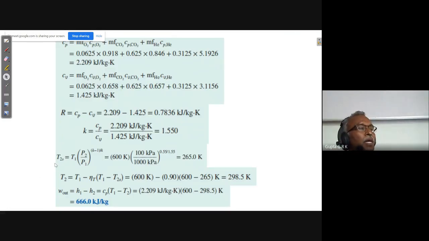So this is T2 dash is equal to T1 into P2 by P1 to the power of gamma minus 1 by gamma. So I find out isentropic temperature. Actual temperature T2 is T1 minus eta T into T1 minus T2 dash. I will get this. Once I get this, so W out, that is H1 minus H2, Cp into T1 minus T2. I get the work output.